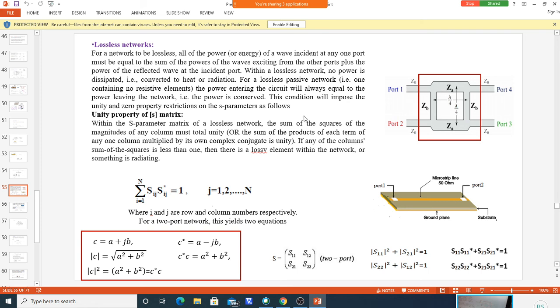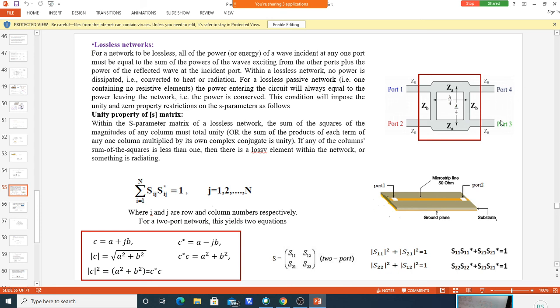We are sending a signal here. A part of the wave may reflect here. You take the addition of power coming out of this port and this port, plus the power reflected from here. Do the addition of all this. That must be equal to the incident power here. So what is the meaning here?